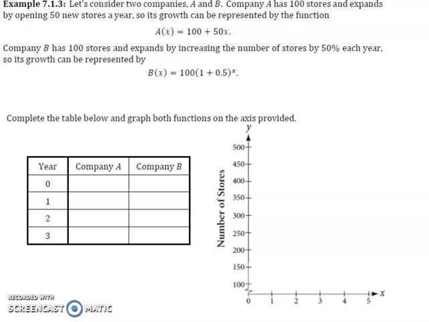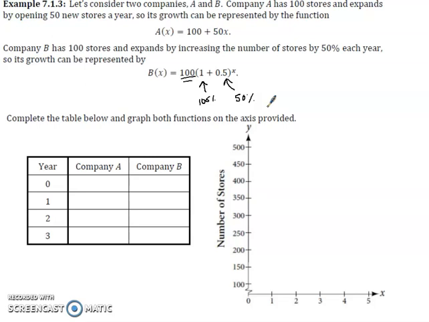Company B has 100 stores and expands by increasing the number of stores by 50% each year. So we start with 100 stores, and then we are increasing by 50%. So this 1 represents the 100% we have. So at the beginning of the next year, we have 100% of the stores that we had before, plus 50% new stores that we're adding on.